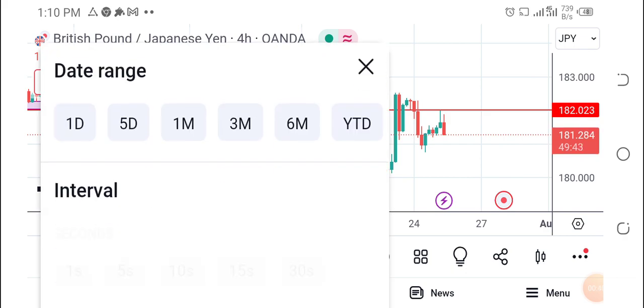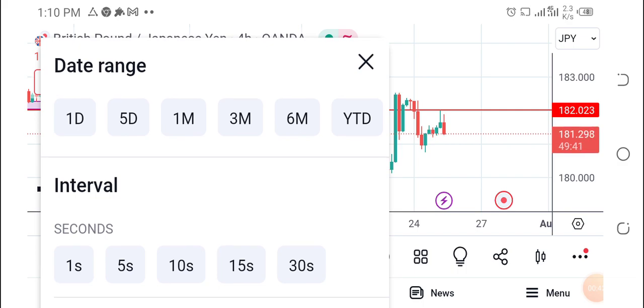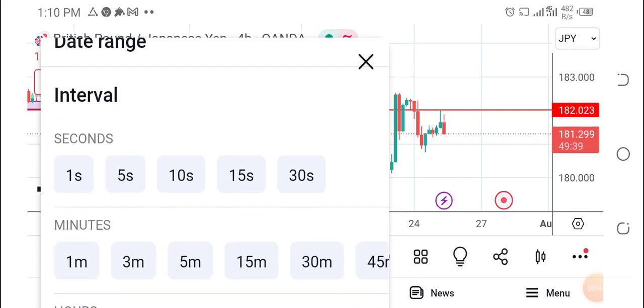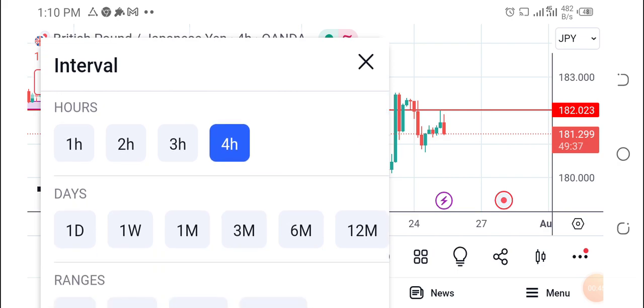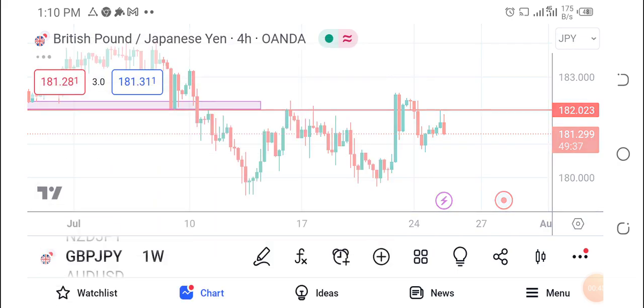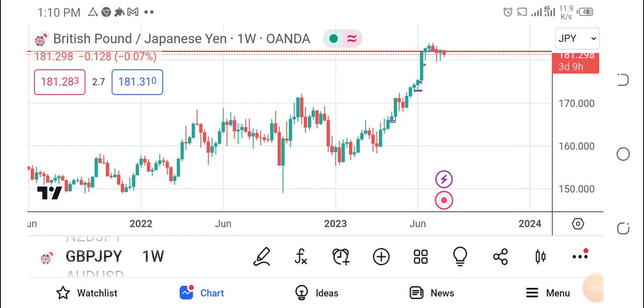So first of all, before we start our prediction of price, we begin with the higher time frame. I normally love doing my analysis beginning from the higher time frame. From the weekly charts, we can see that the market is tending to go towards the upside. The trend is still an uptrend.